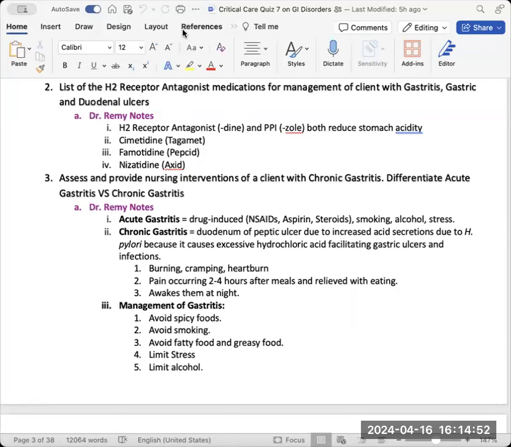So we have this gastric acid that's really irritating the lining of the mucosa, right? So we want to give them medications that are going to reduce acidity. PPIs and H2 blockers do that. So what would be examples of H2 blockers?